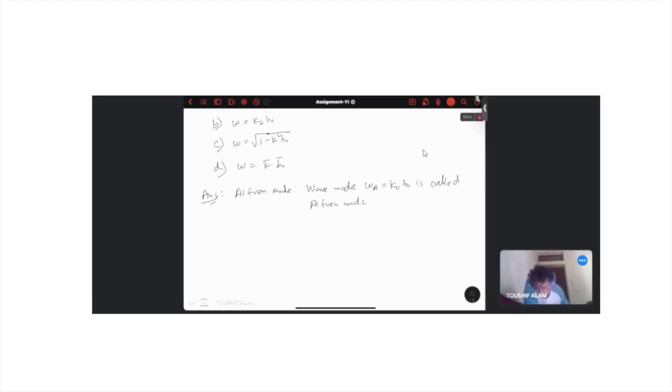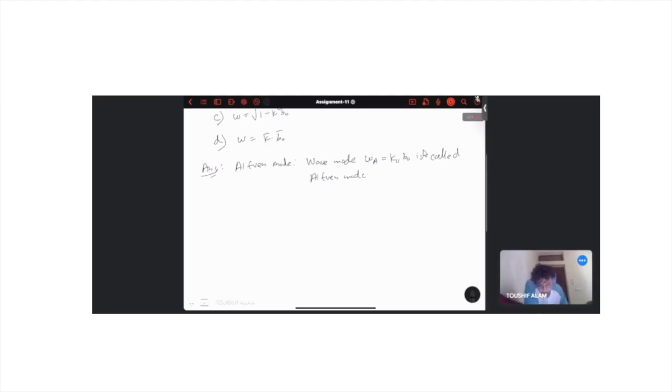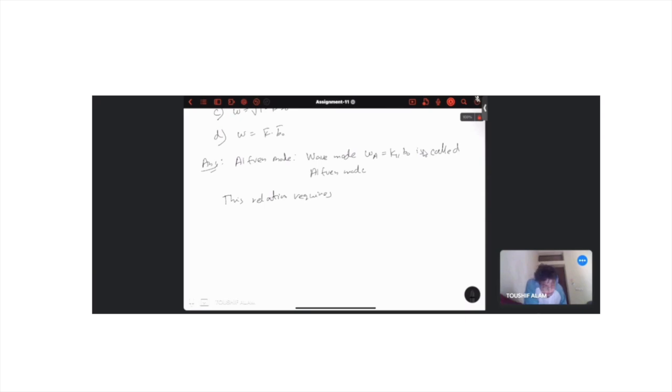And this relation requires k and b such that k is equal to k perpendicular e1 plus k parallel e2.